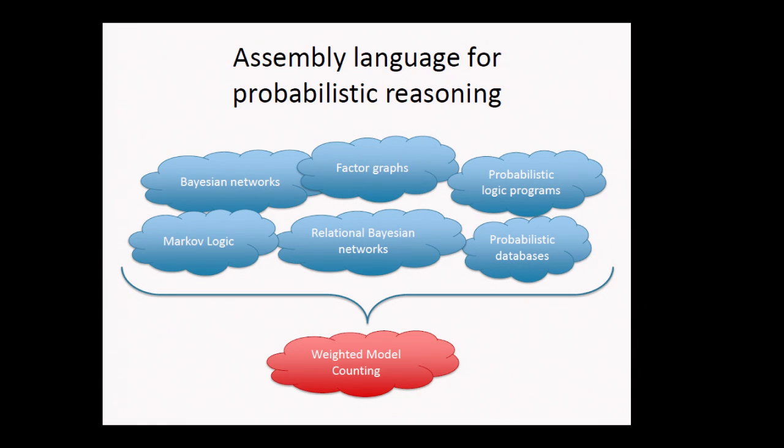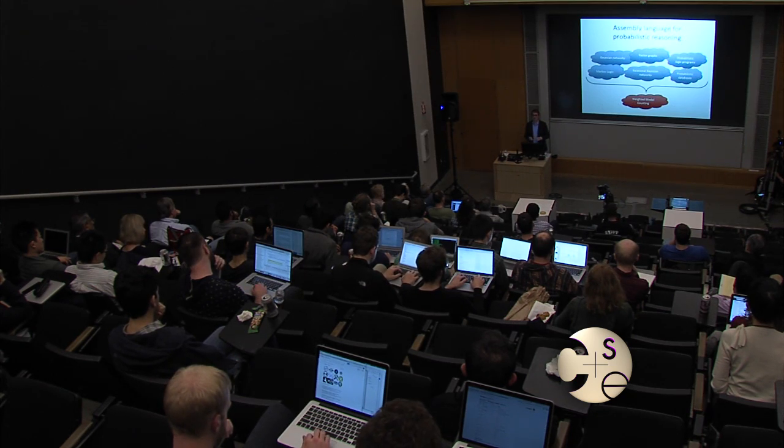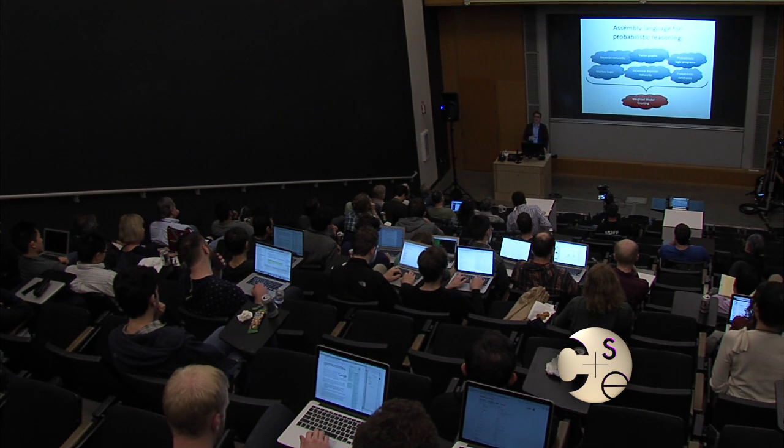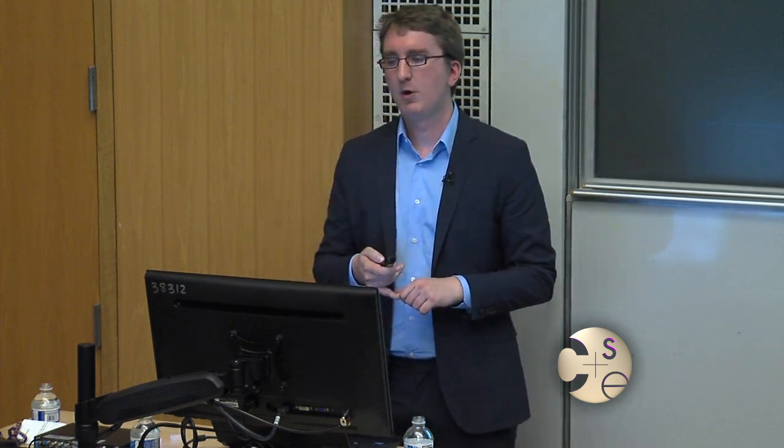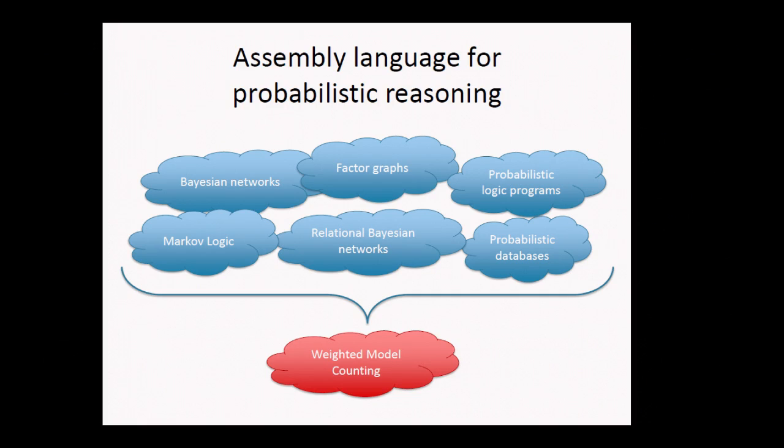As you might know, it's hard to find any real-world problems that are SAT. People have real-world software verification problems and real-world planning problems, but to solve them, they reduce the problem to SAT. This has enabled us to build very efficient SAT solvers because many of these problems can just be reduced to it. It's very similar for probabilistic reasoning, where you have all of these representations of uncertainty: Bayesian networks, factor graphs, Markov logic networks, probabilistic databases, and so on.